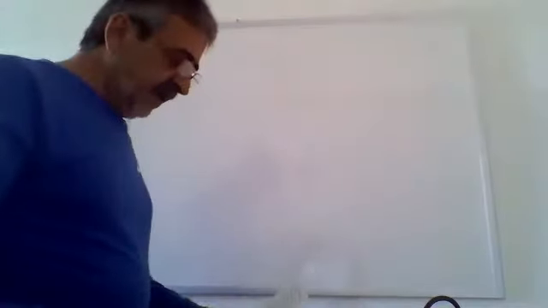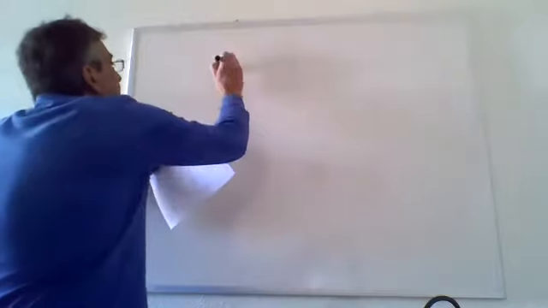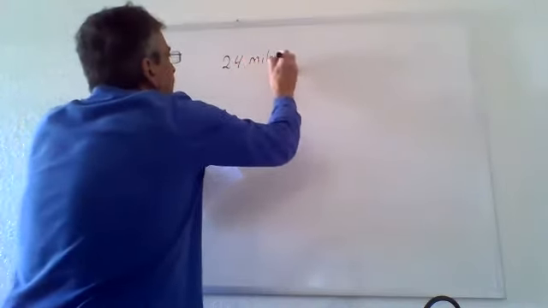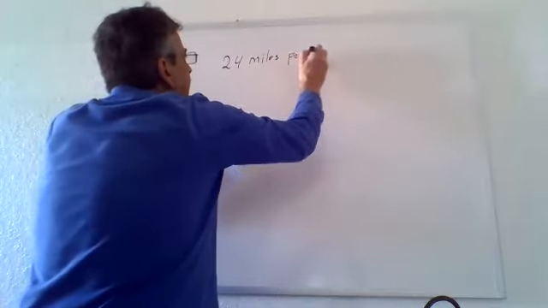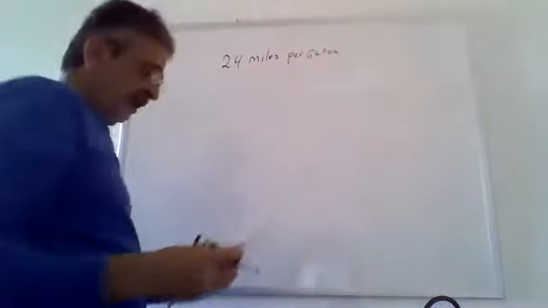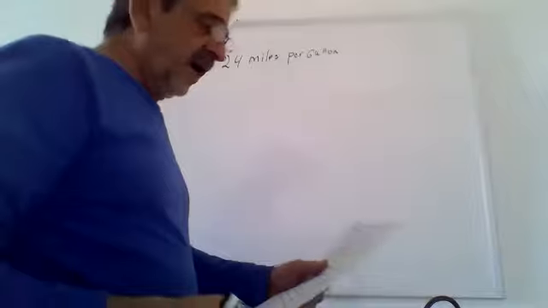On this particular problem, it says if your car gets 24 miles per gallon. So I have a car that does 24 miles per gallon. And it says, how much does it cost to drive 390 miles?